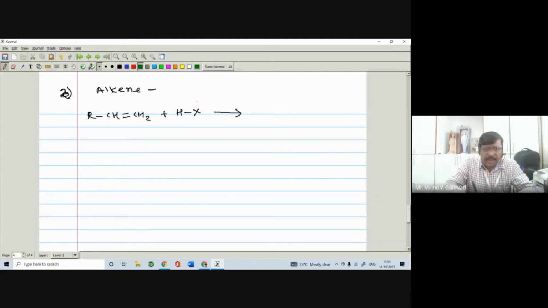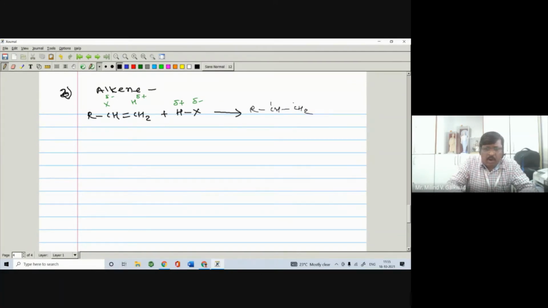The negative part of the reagent. Here X is the negative and H is the positive. The negative part of the reagent will attack on that doubly bonded carbon atom which has the lesser number of hydrogen atoms. So X negative will attack on this carbon, and H positive will attack on this carbon of CH2. And you are getting here R, CH, CH2.